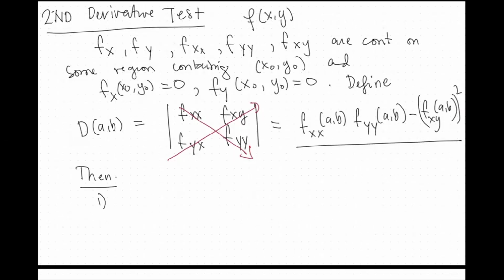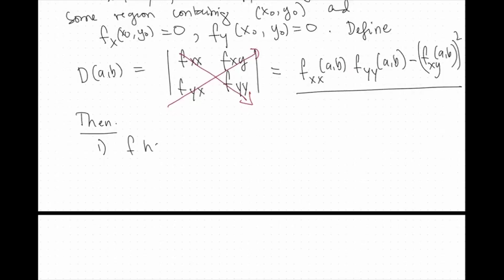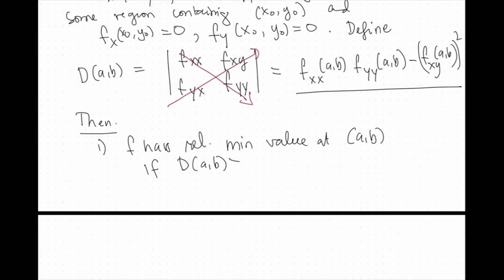First, f has a relative minimum value at the point (a, b) if D at (a, b) is greater than 0 and fxx at (a, b) is also greater than 0.